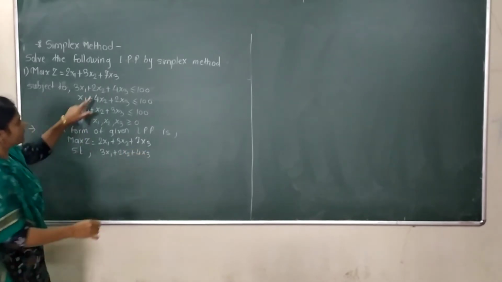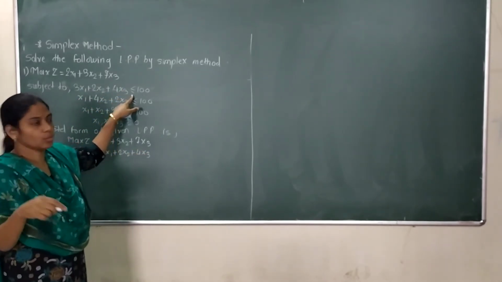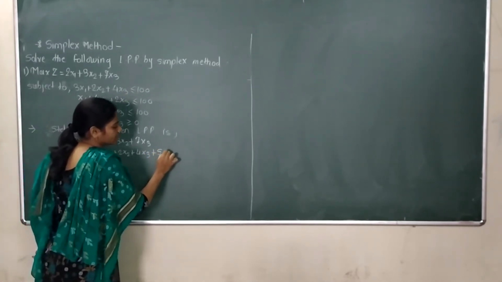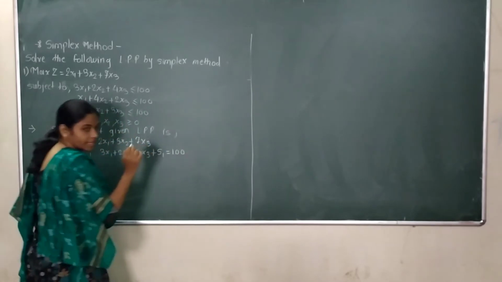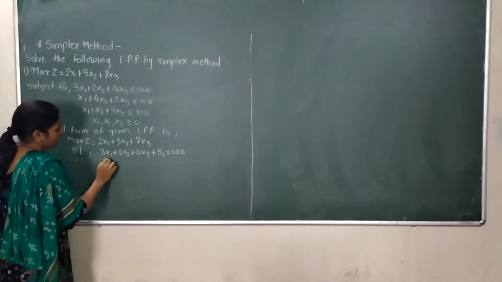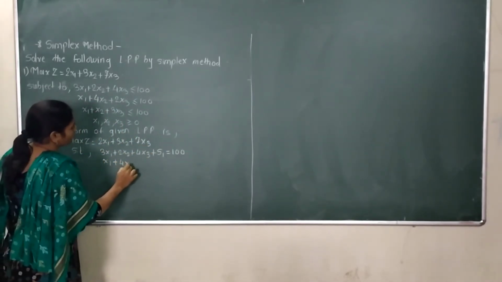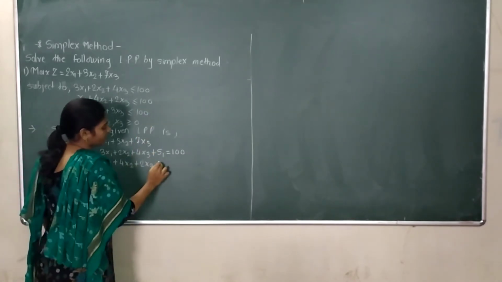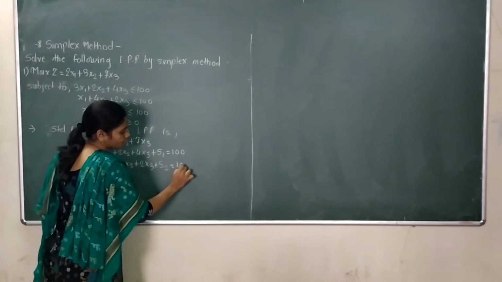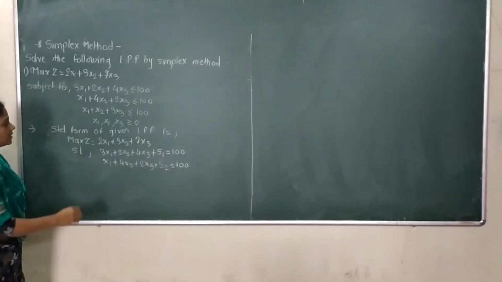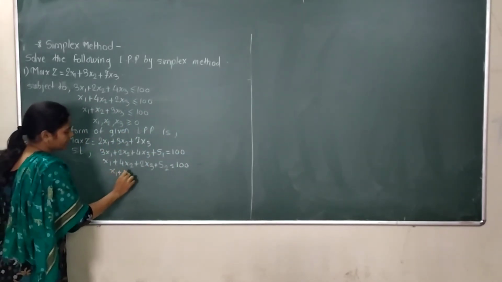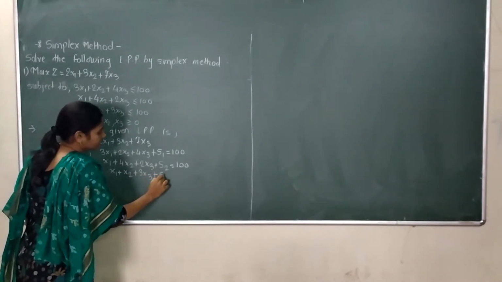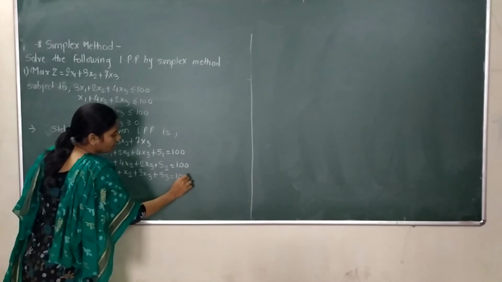Now here to convert this inequality into an equation, we have to add one slack variable which we are denoting by s1, plus s1, so that it will get converted into an equation. The second one is x1 plus 4x2 plus 2x3, plus the second slack variable s2, equal to 100. For the third, we take x3 plus 3x3 plus s3, equal to 100.